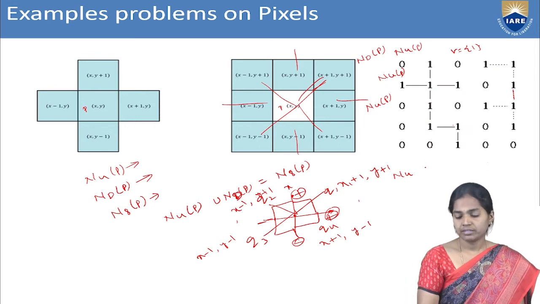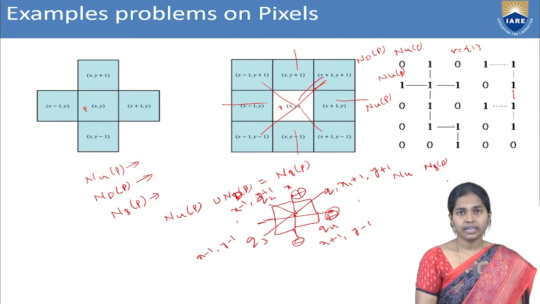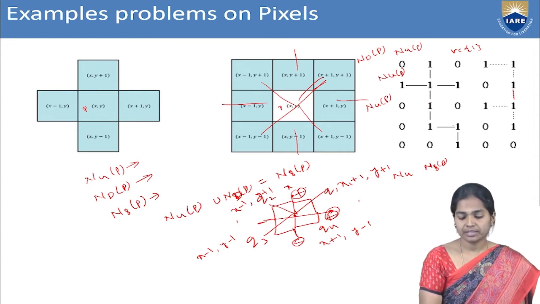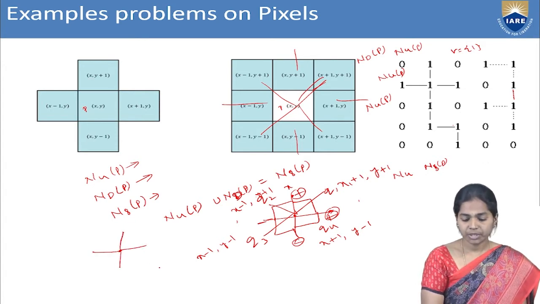If we go for n8 of p, we can choose in diagonal form and adjacent neighboring pixels. So when we go for n8 of p, this is a neighboring pixel, this one is a neighboring pixel, this one is a neighboring pixel, this side is a neighboring pixel.